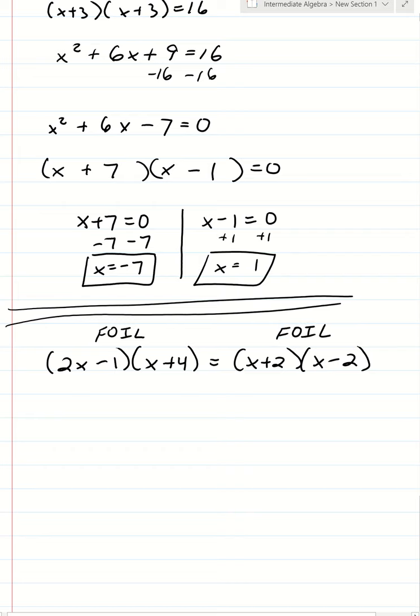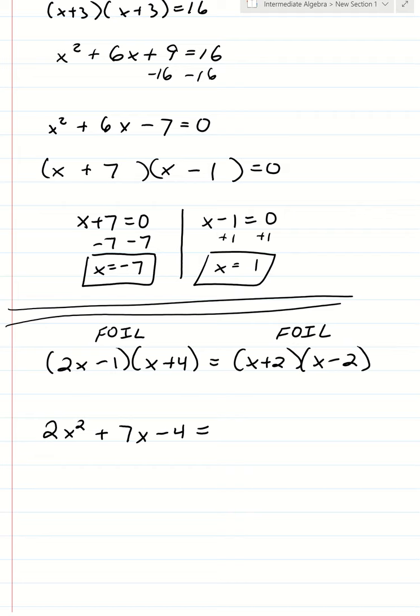So let's do that. Here on my left side, when we multiply things out and combine like terms, we would in fact get 2x squared plus 7x minus 4. That is the left side of the equation when you multiply things together and combine like terms.